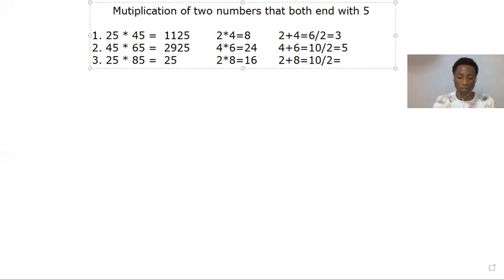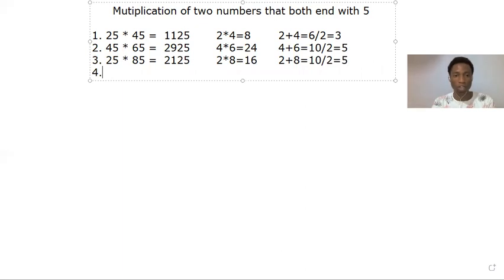What do we have? 5. So 16 plus 5 is 21. So note, the essence of this trick is to try to work without a calculator and to be as fast as possible. So you try as fast as possible to work, and you try to work without sheets.